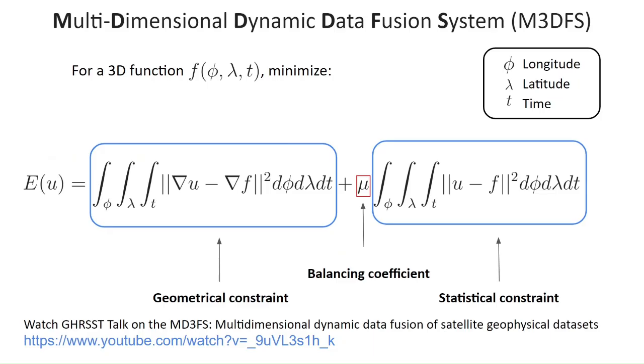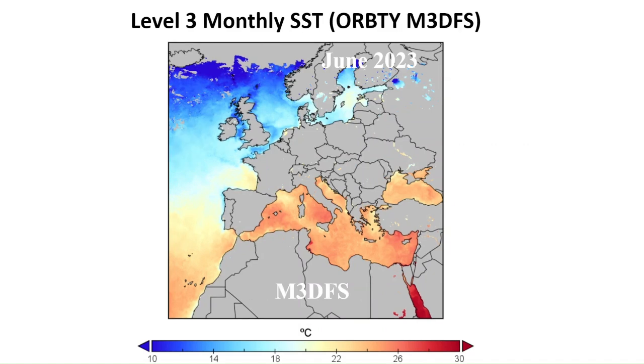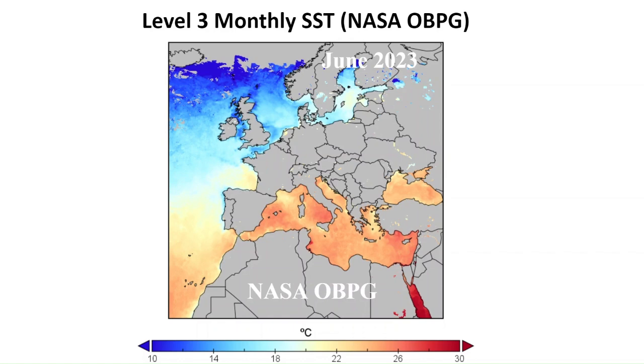Now, as mentioned in another poster related to the M3DFS, time averaging leads to patchiness in the data, which is also known as feature artifacts, and this is going to compromise any downstream application, especially the detection of fronts. So here's an example of a level 3 map representing SST for the month of June of last year, distributed by NASA OBPG, and here's the same map generated with the M3DFS.